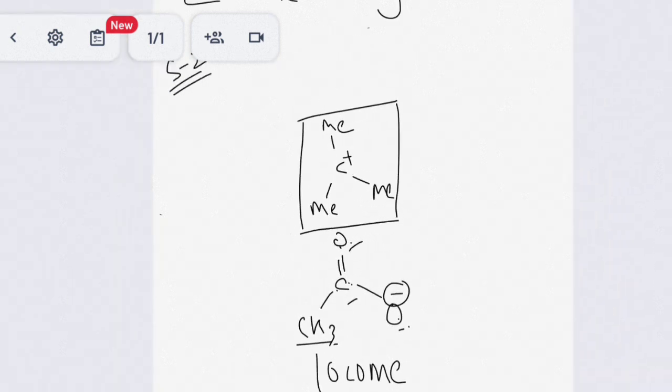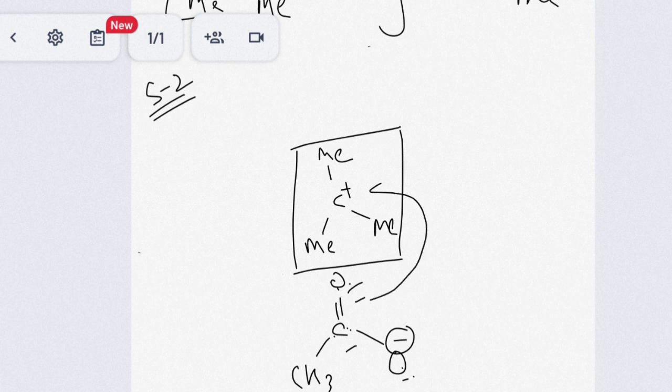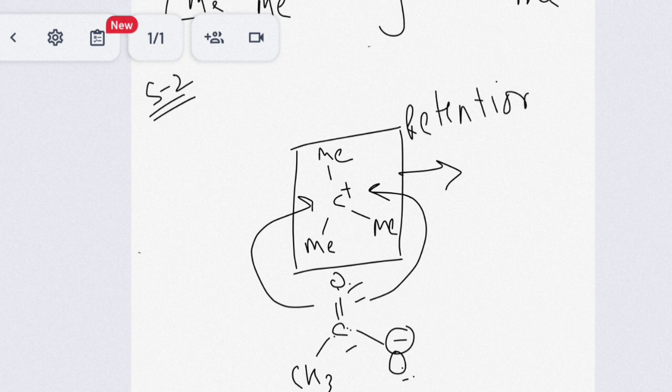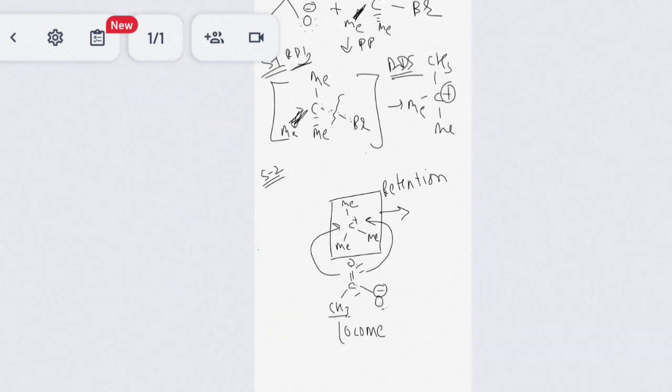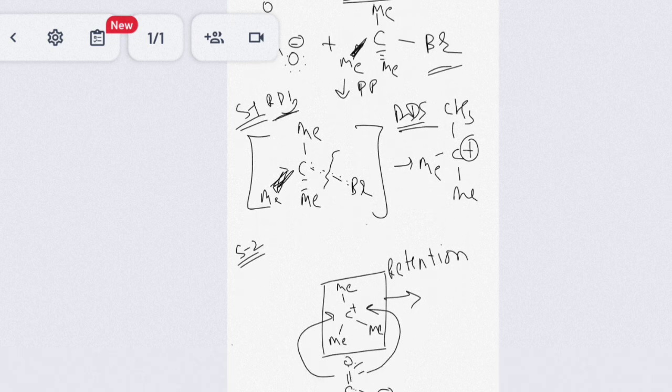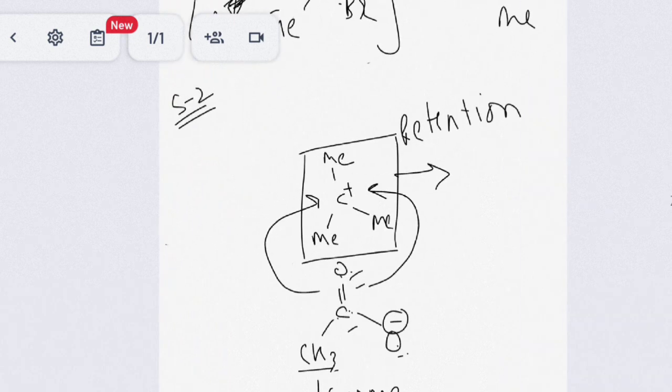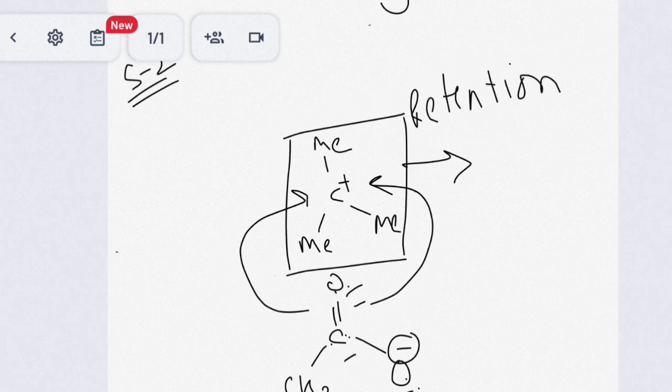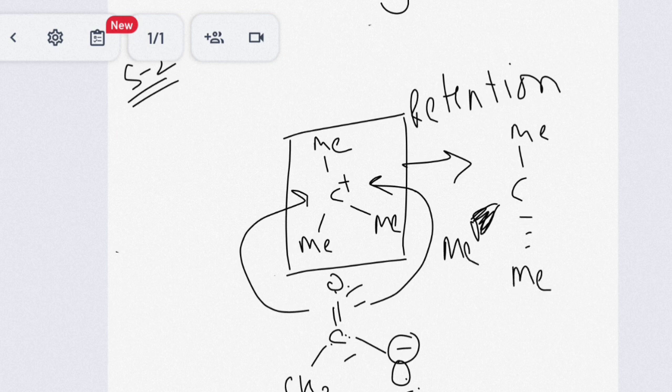Here, this can attack either from the front side or from the back side. If it attacks from the front side, we will get the retention product. The retention product will basically retain its shape. Like here we took the reactant, so here it was Br. So the nucleophile will attach to the side from where the Br has left the molecule. So simply CMe here on a dash, wedge, this is called wedge, and Me, and here OCOMe.